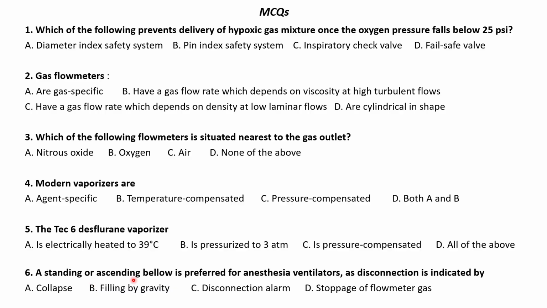A standing or ascending bellows is preferred on anesthesia machines as disconnection is indicated by collapse, filling by gravity, disconnection, stoppage of flow meter gas.